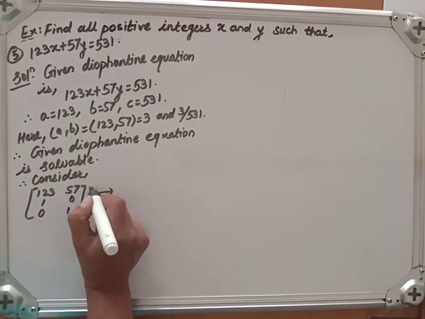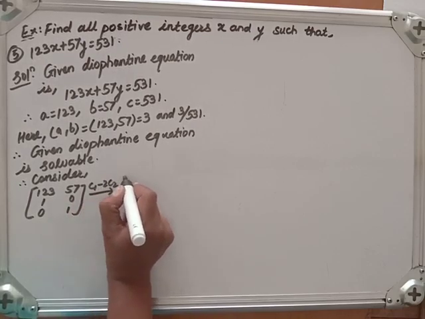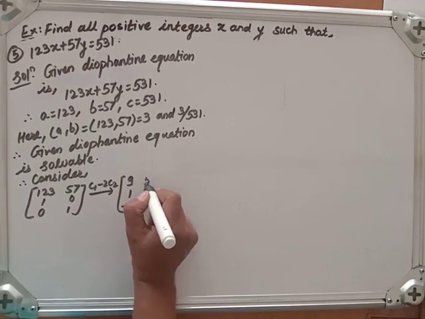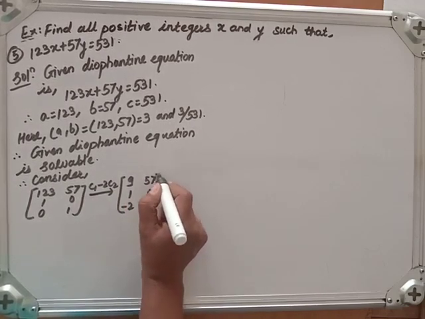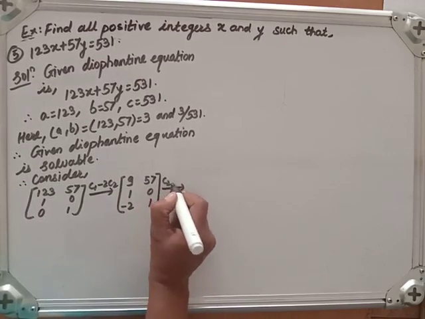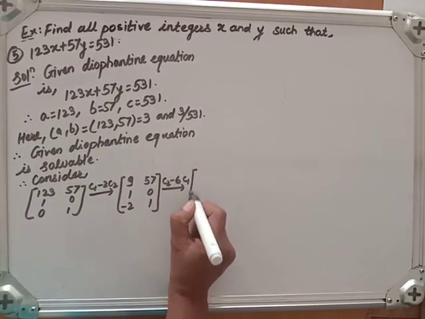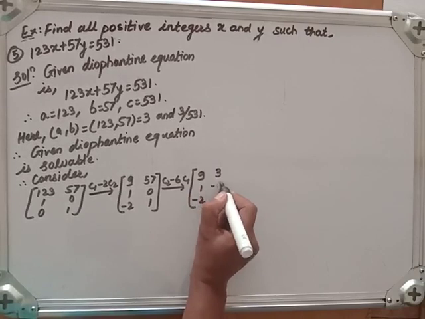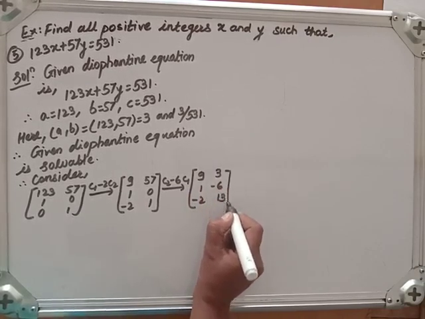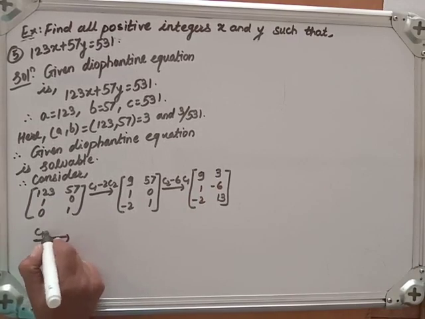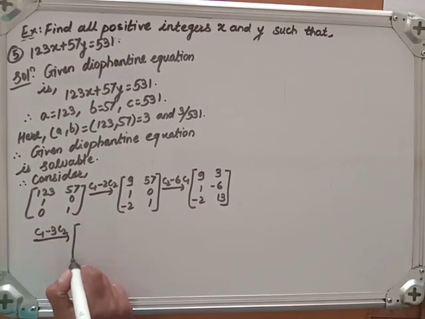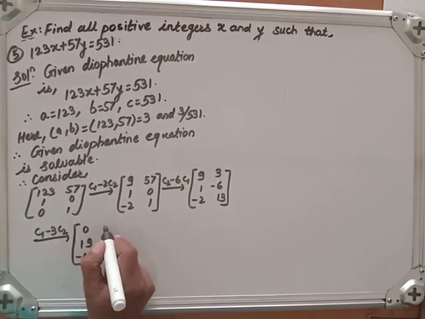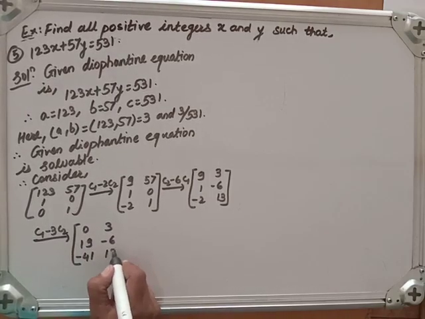Okay, so here C1 minus 2C2, this is 9, 1 minus 2, and 57, 0, 1. Then C2 minus 6C1, so this is 9, 1 minus 2 and 3 minus 6, 13. Then further C1 minus 3C2, so this will be 0, 19 minus 41, and 3 minus 6, 13.